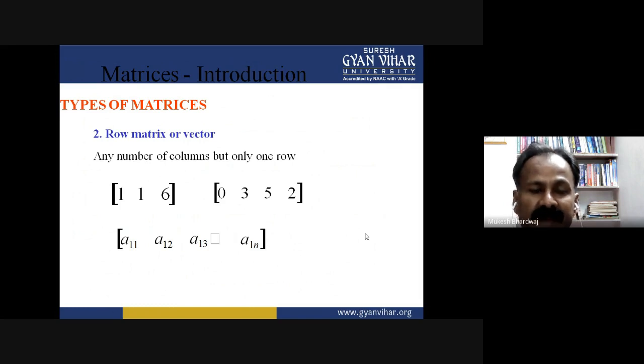And in general, a11, a12, a13, ..., a1n, where n represents the number of columns and all the elements are in a single row. Such a matrix is known as a row matrix or vector.